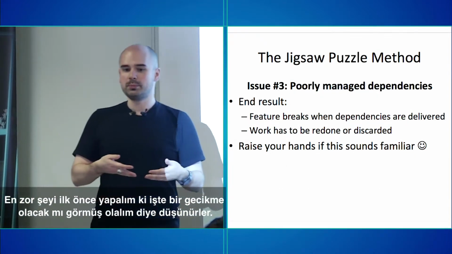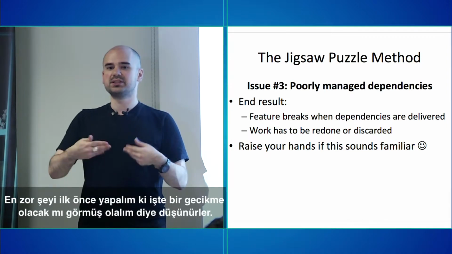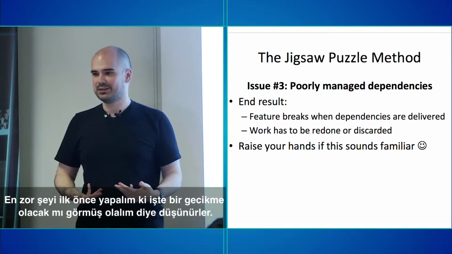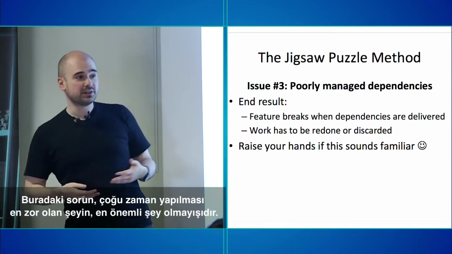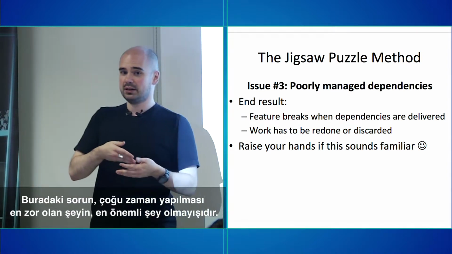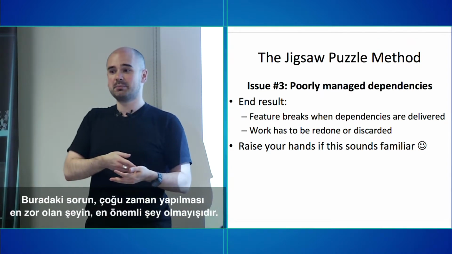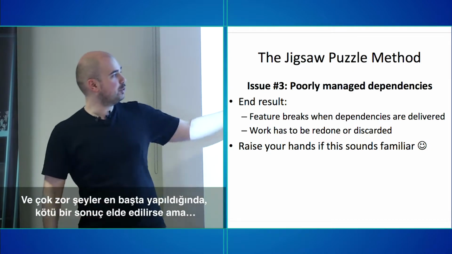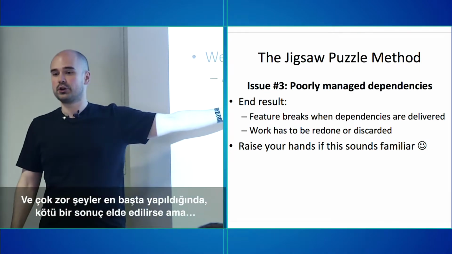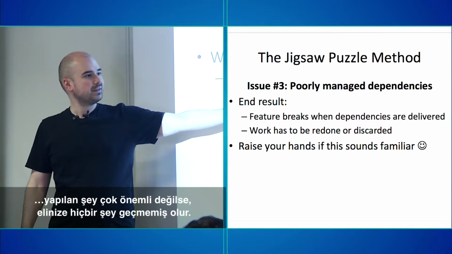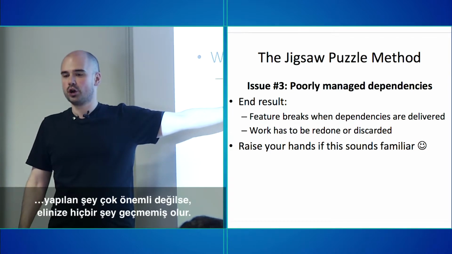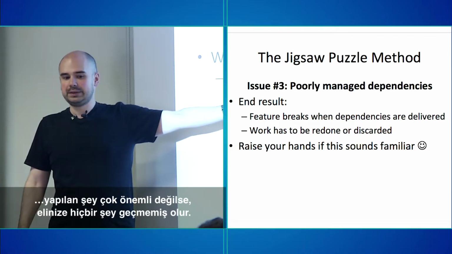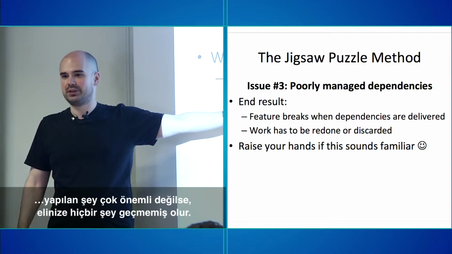Because we might as well do the most difficult stuff first, because that will tell us if there will be any delays. The problem is oftentimes the most difficult thing to implement is not necessarily the most important thing. And the problem with doing very, very difficult things first is that if it turns out to not work, if it's not also a very important thing, then you've got nothing.